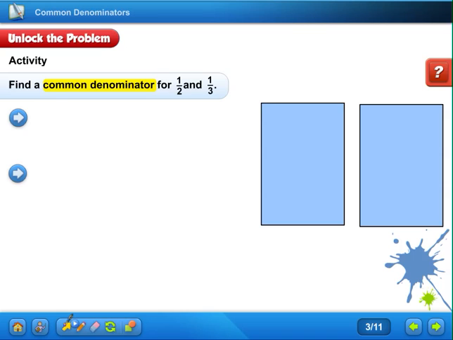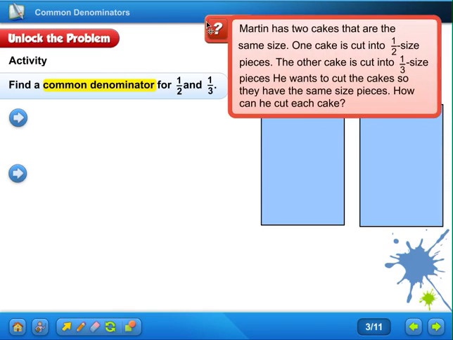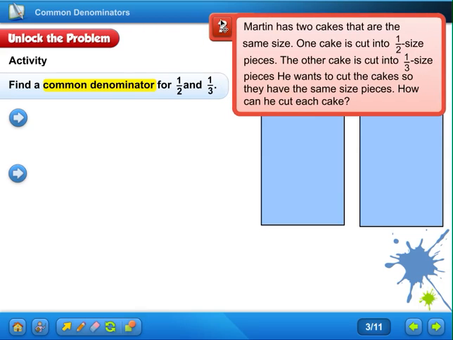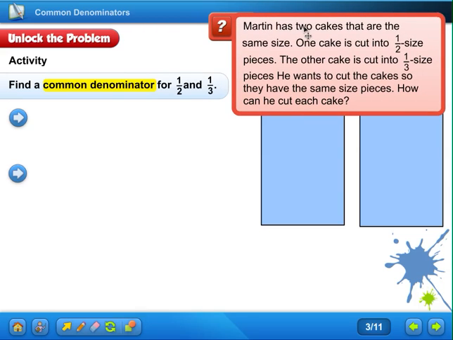So let's pull out the question. Martin has cakes that are the same size. One cake is cut into 1/2 size pieces. The other cake is cut into 1/3 size pieces. He wants to cut the cake so they have the same size pieces.